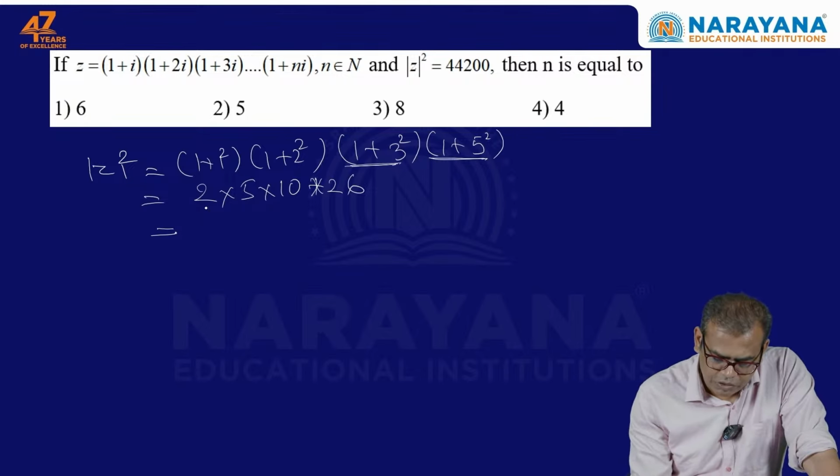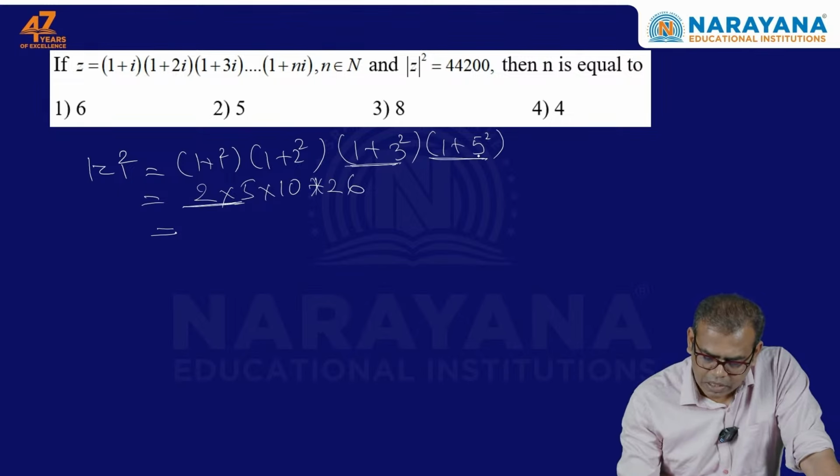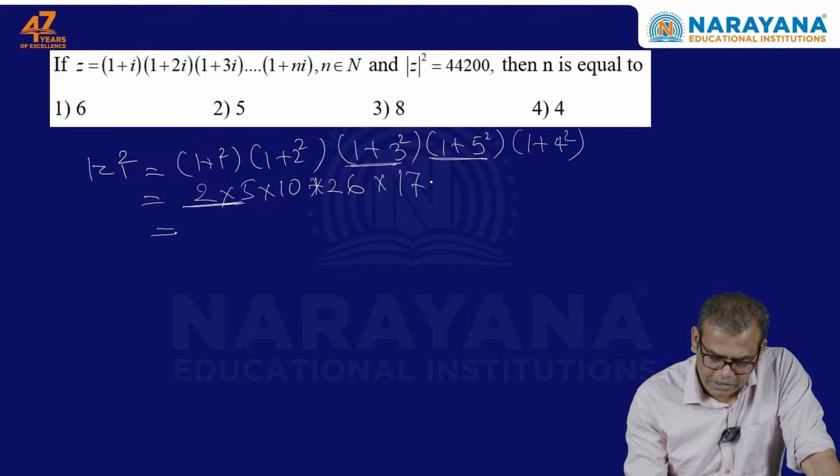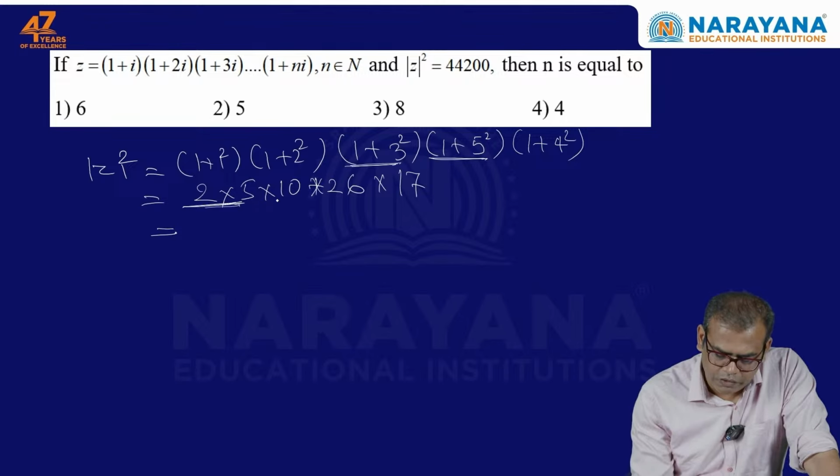If it does not come, then we will take more factors. So 5 into 2 is 10, and one I have missed writing: 1 plus 4 square is also there, so 17 will come also. So 2 into 5 is 10, the 100 already came.